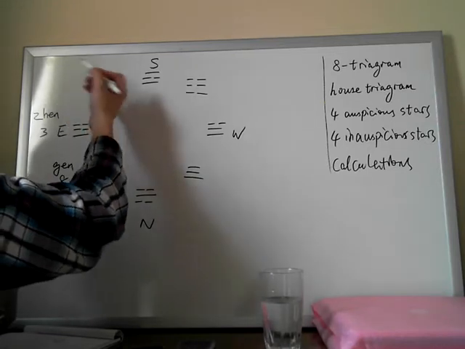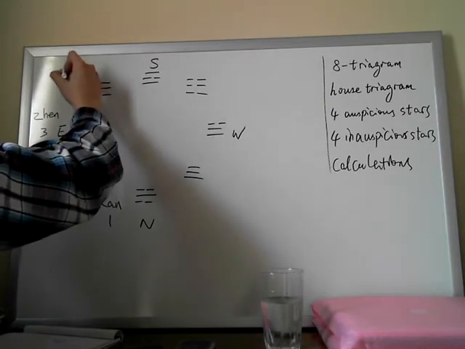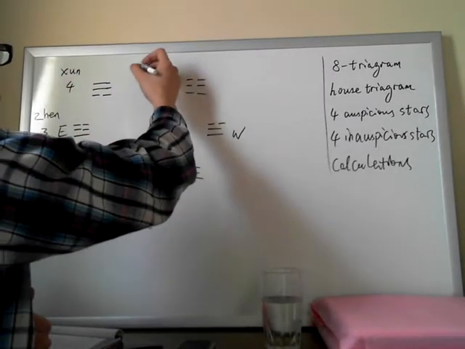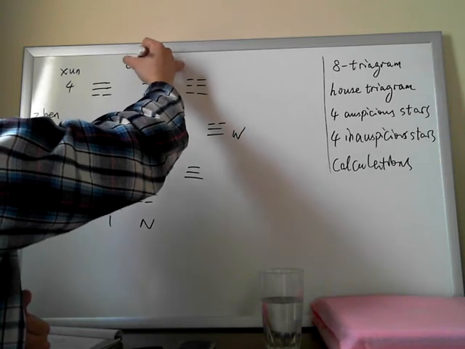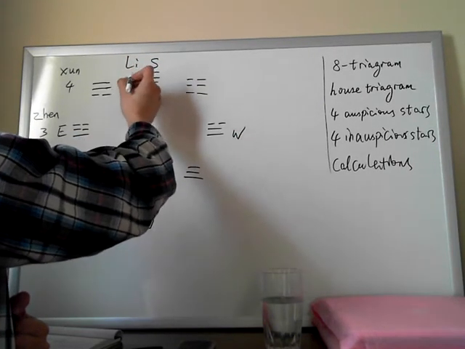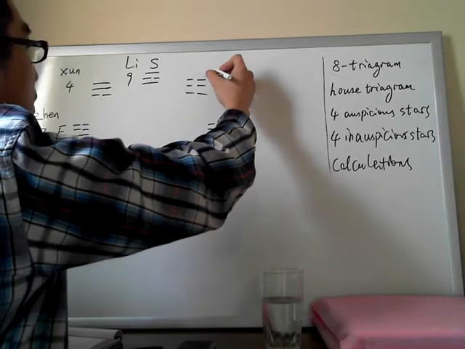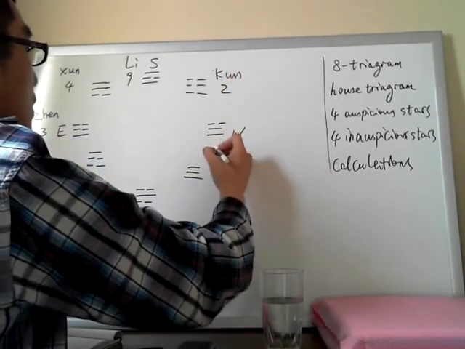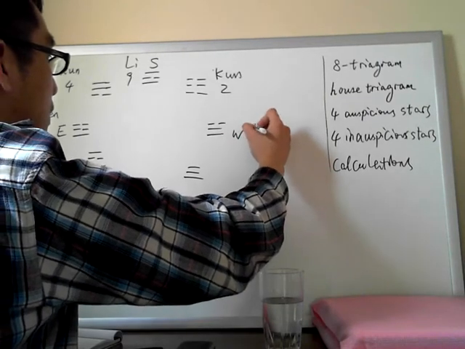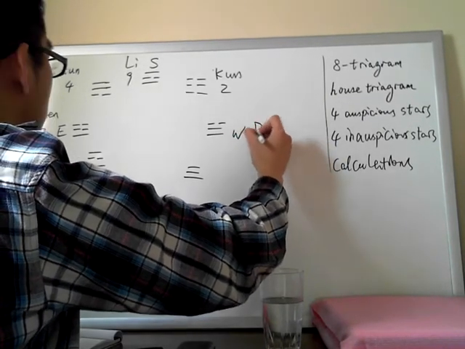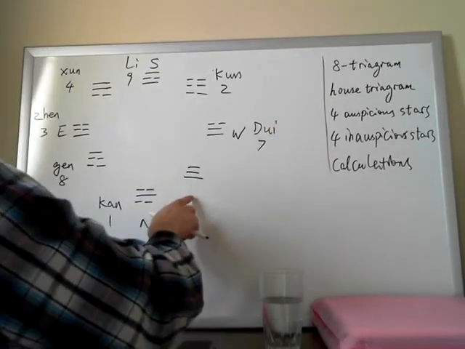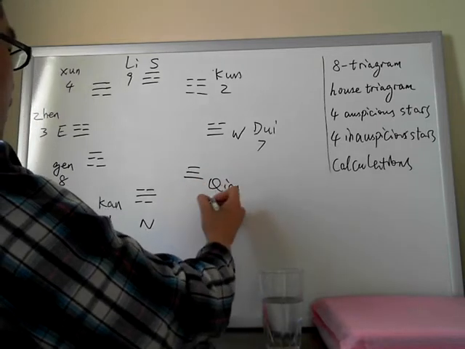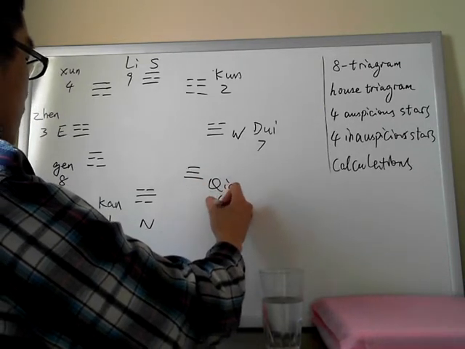Xun, 4, and this is Li. Well, it's my name. Li 9, and this is Kun, Q-U-N, Kun 2. This is Dui, D-U-I, Dui 7, and this is Qian, Q-I-A-N, Qian, and this is 6.